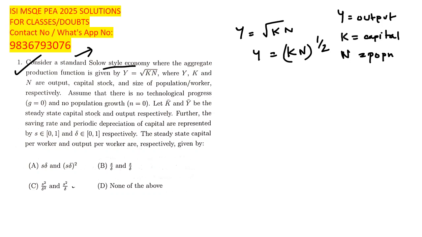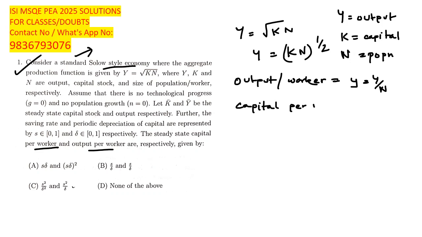Now first, our question is that everything is given to us. We have to find the steady state capital per worker and the output per worker, correct? So first we have to convert it to output per worker. We define output per worker as y = Y/N, and capital per worker similarly as k = K/N.